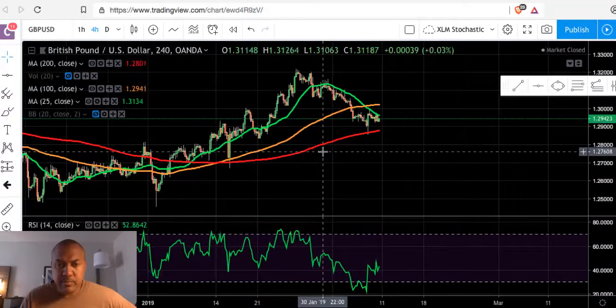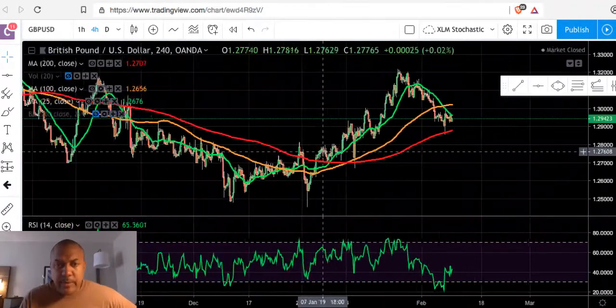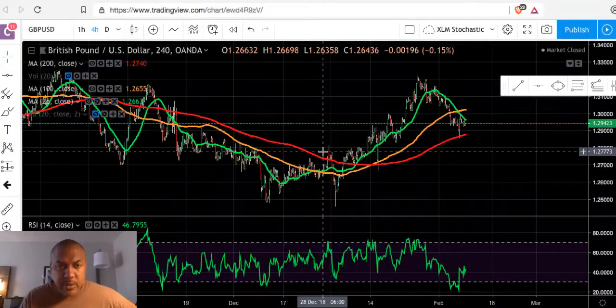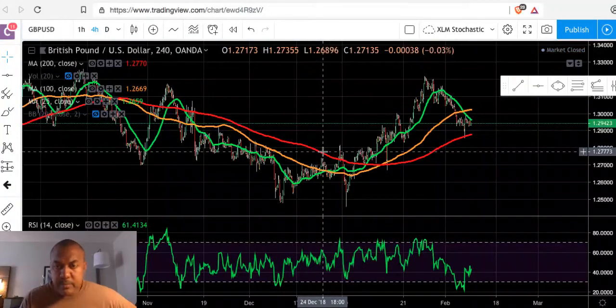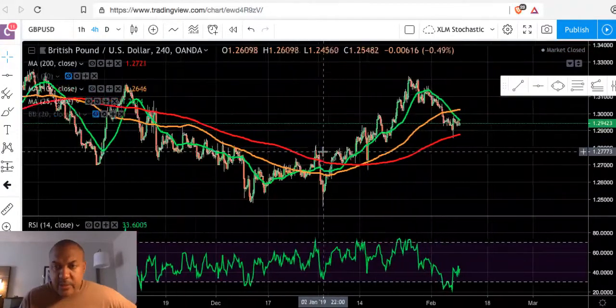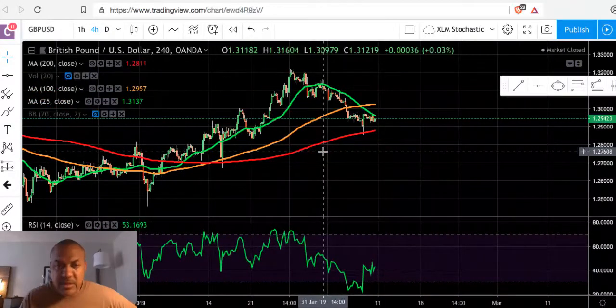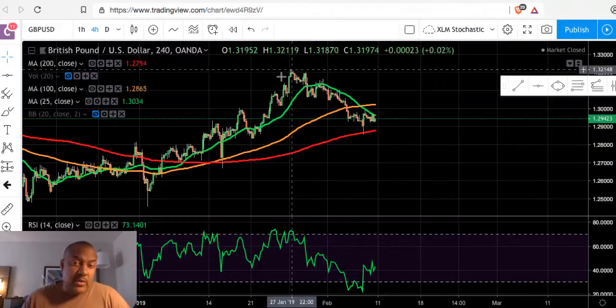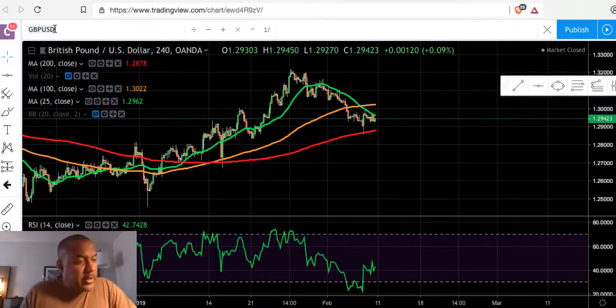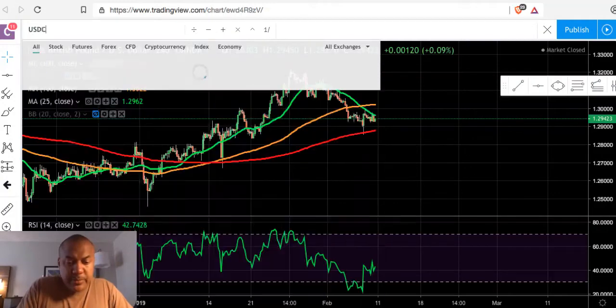Okay, so for the Great Britain Pound USD, I don't see anything in particular that's really, it's not tickling my fancy, so to speak. There's nothing that's really attracting me or drawing me to this. So if I'm not seeing something that really jumps out at me that says, okay, I see a good trading opportunity coming here, then I don't even bother with it. I'll come back another time and look at it. So let's go check out another one.